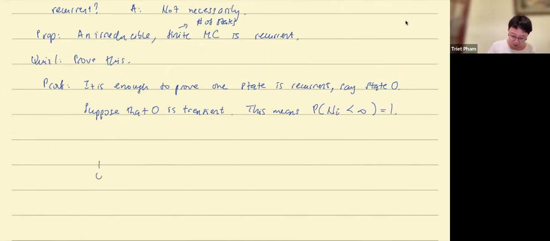If you start at 0 and you want to avoid revisiting 0, then you need to basically return, sorry.